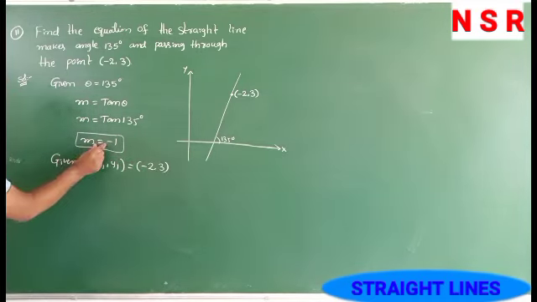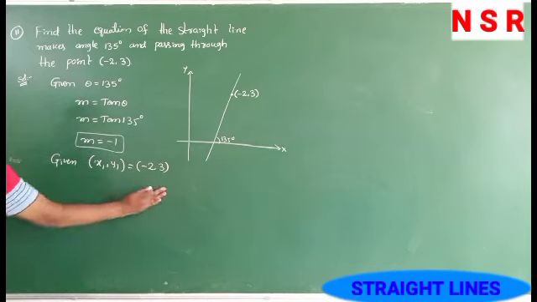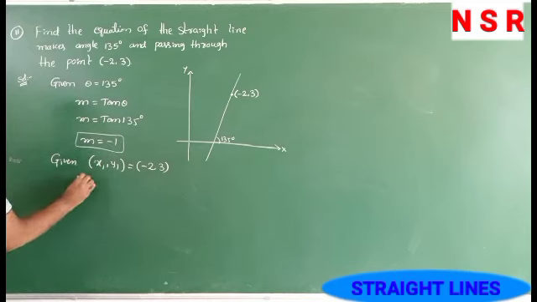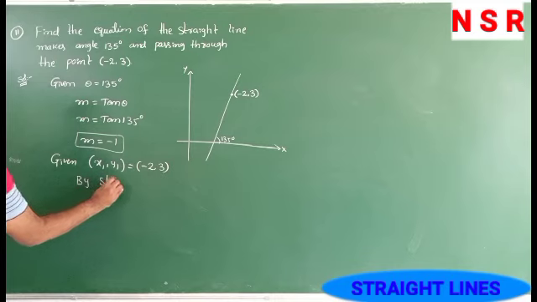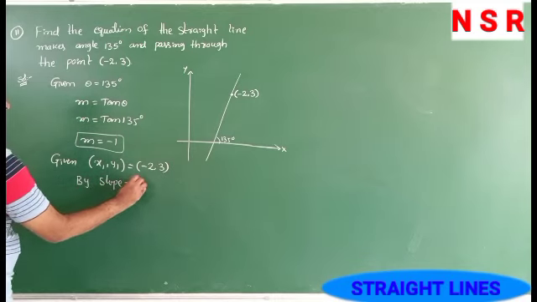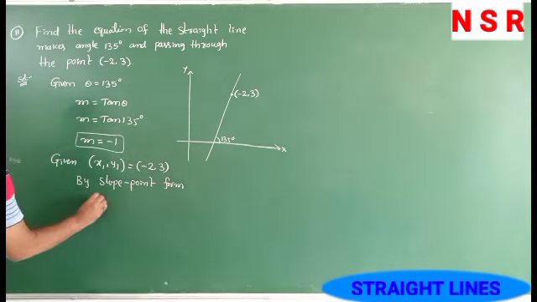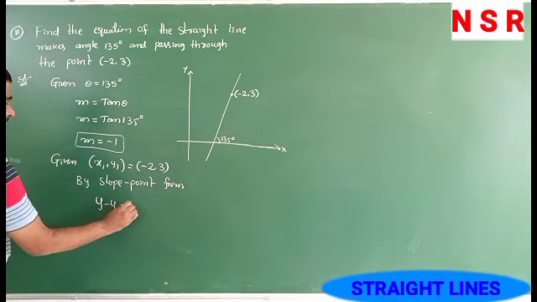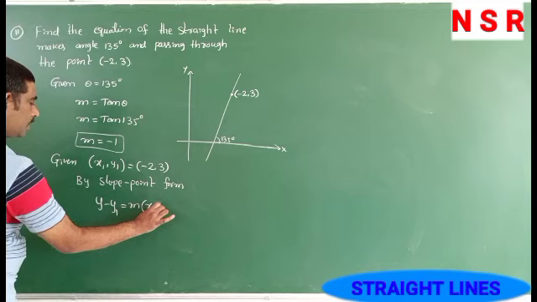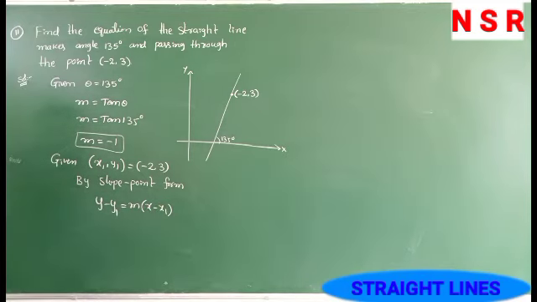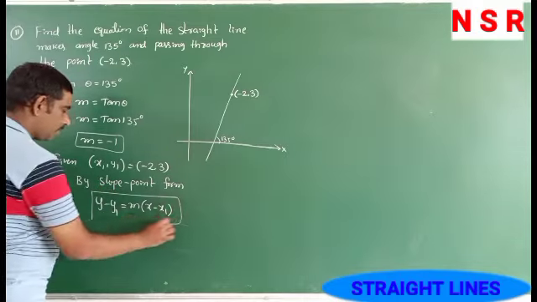So now we have the slope m and the point. So in this question also we apply slope point form. What is slope point form? y minus y1 is equal to m into x minus x1. Now substitute the m and x1, y1 values in this formula.